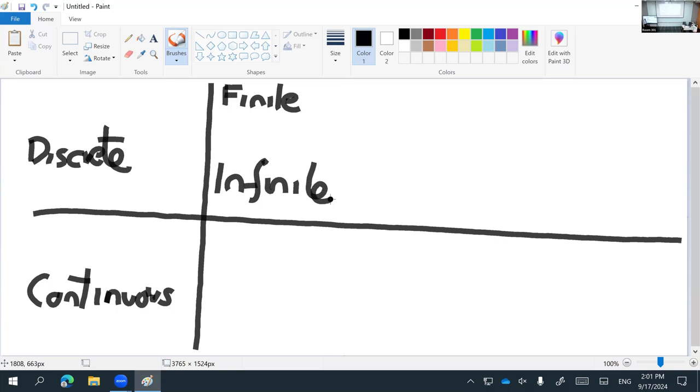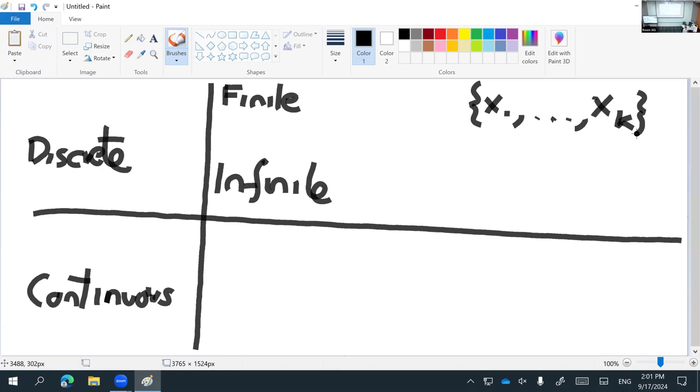Finite means the values that it can take on, say x_k, are finite. An example would be 0 for tail, 1 for head. Is it finite? Yes. Is it discrete? Yes. It's either 0 or 1, and it can't be anything else.